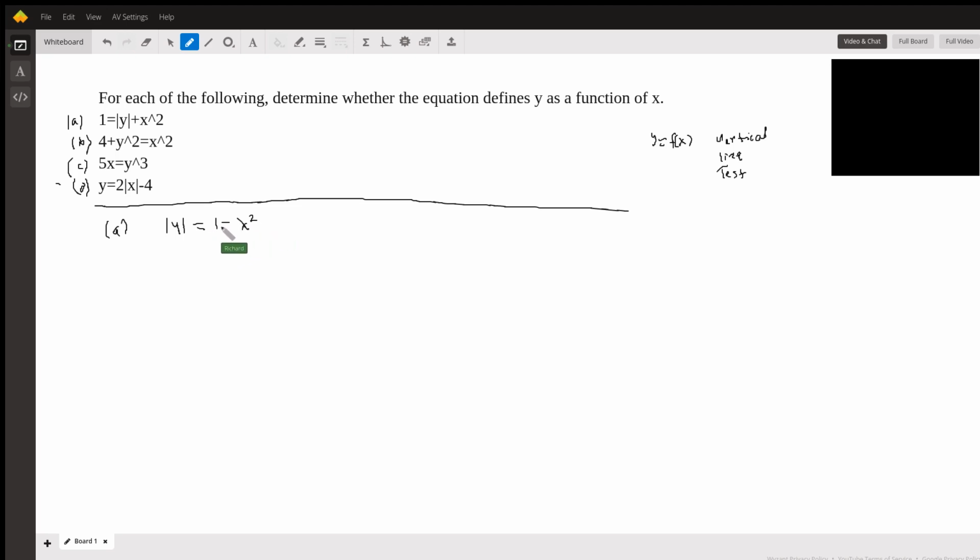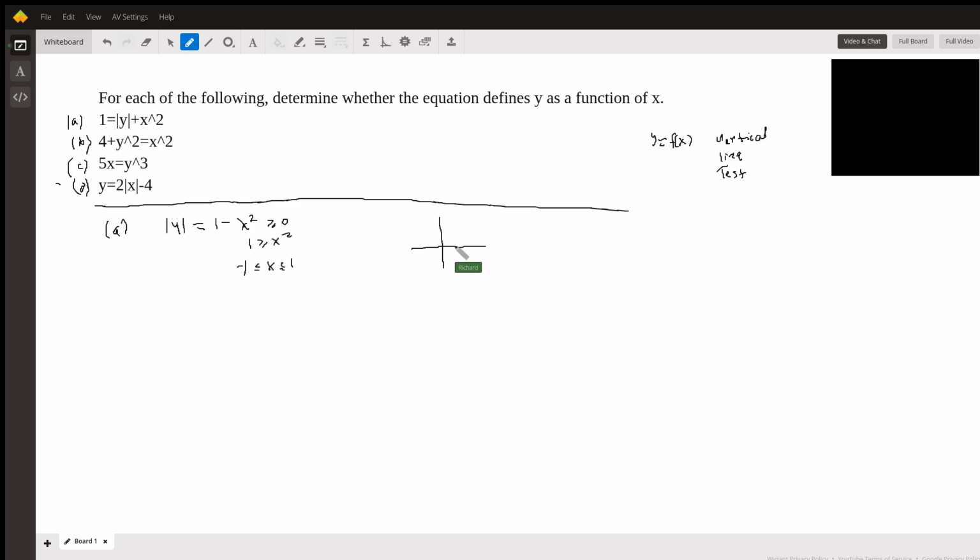Because the absolute value of anything is positive. So this has to be greater than or equal to 0, which means that 1 has to be greater than or equal to x squared, which means that x itself has to be between 1 and negative 1.